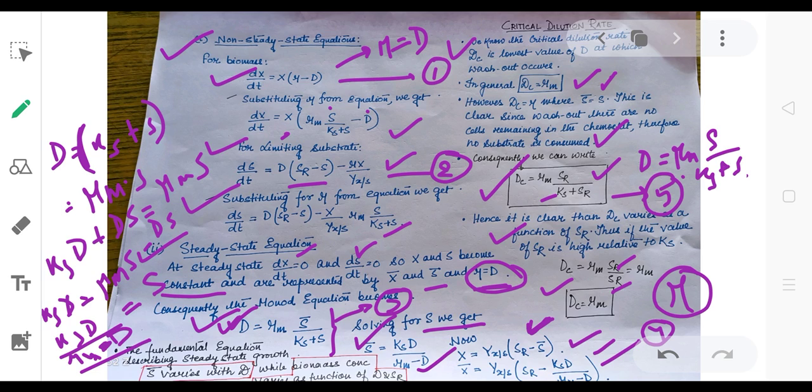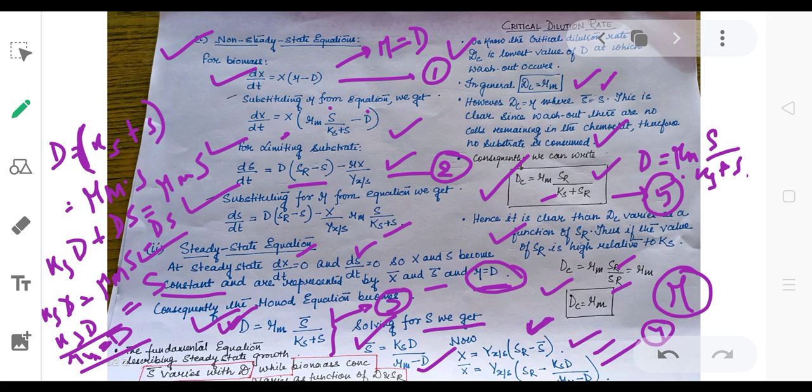So I have derived what I am saying. It says that when SR is very high, when will SR be very high? The SR will only be very high when there is no consumption of the substrate. So when SR is high with respect to Ks, you put the value in the Monod's equation, Ks is neglected, SR will be cancelled, and you get critical dilution rate is equal to maximum growth rate. So again, you can relate it with the critical dilution rate where the washout of the cell is occurring from the vessel.